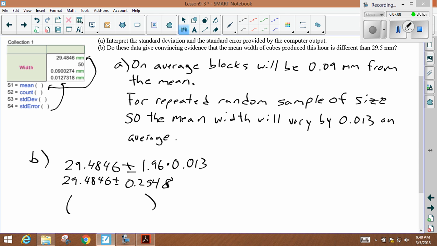Go ahead and calculate that interval. 0.2548.